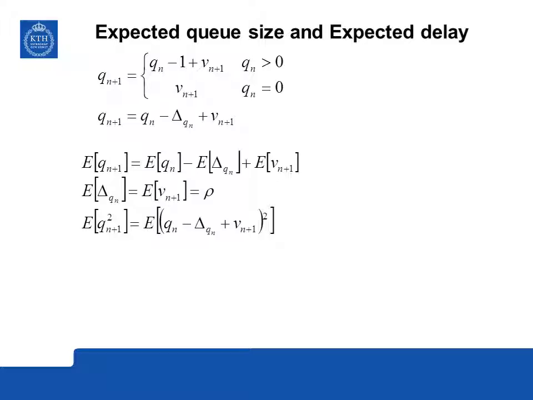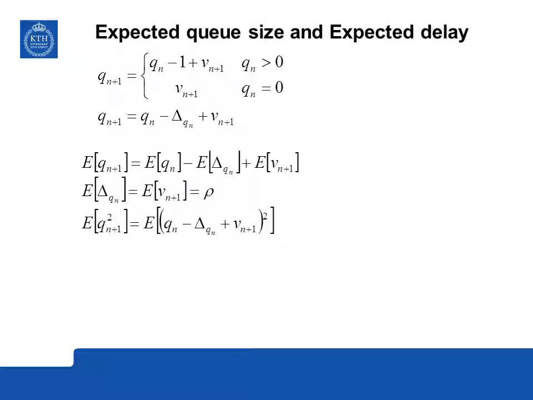So the first two terms cancel, and we can derive the expectation of delta of Qn to be equal to the expected number of customers arriving during a service interval, and that we will denote as rho.